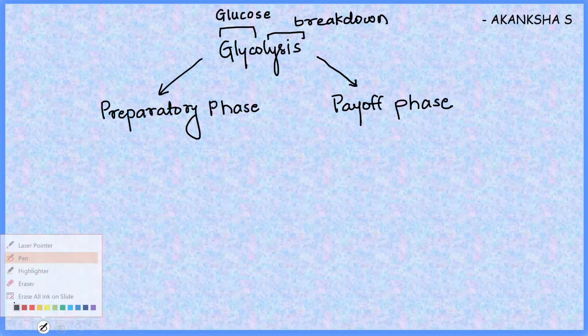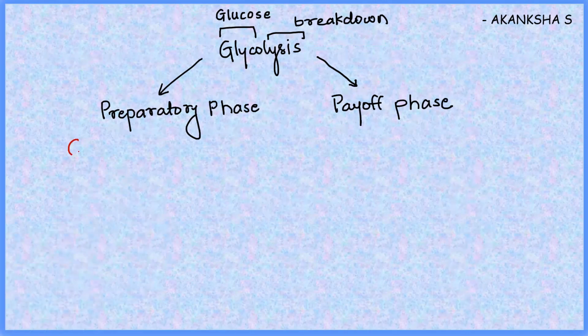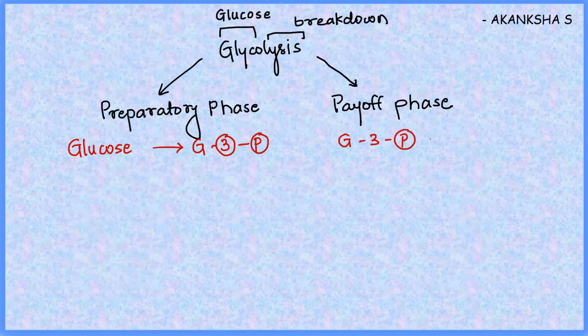Out of the reactions that are going to happen, the preparatory phase basically focuses on the conversion of glucose to a molecule called glyceraldehyde 3-phosphate, which we are going to see in our reaction. And the payoff phase is the conversion of glyceraldehyde 3-phosphate to pyruvic acid or pyruvate.